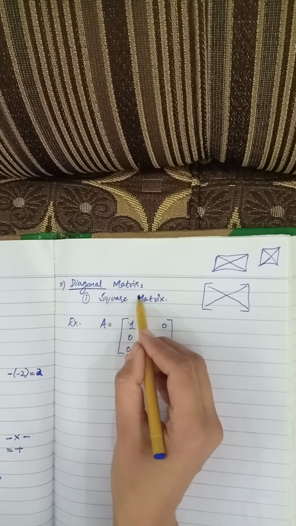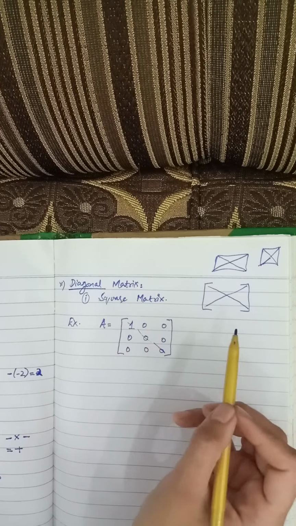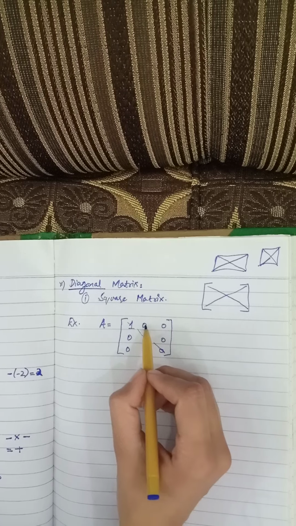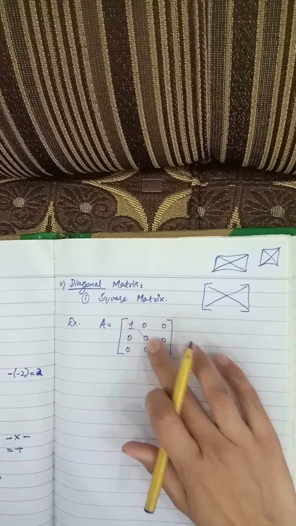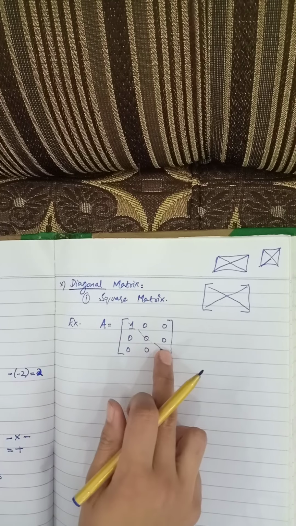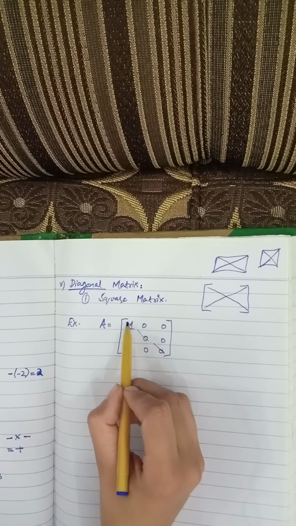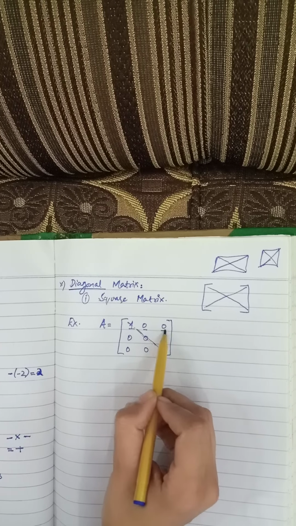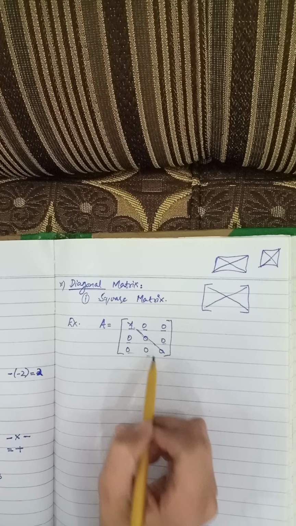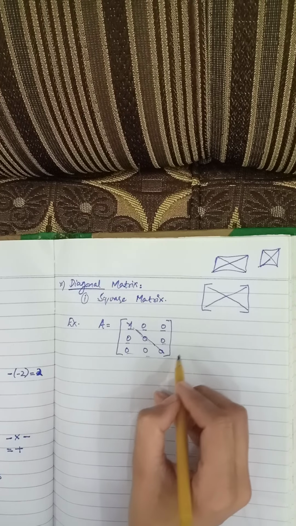In the definition of the diagonal matrix, they are saying that all of the entries except the diagonal would be 0. Except these three, all others would be 0. This and this must be 0.